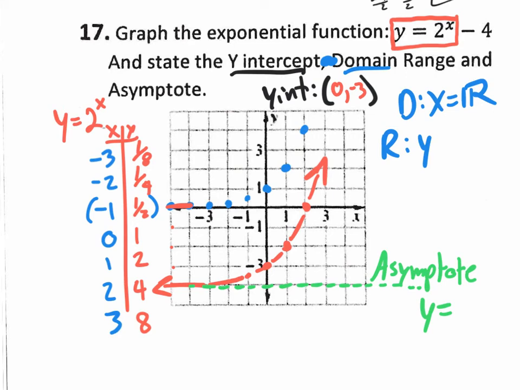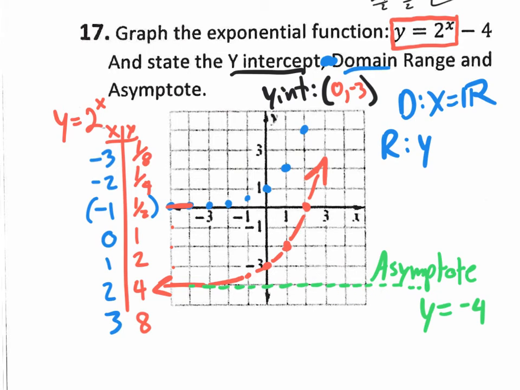And your k is the negative 4. So y equals negative 4 is your asymptote. But anyways, this graph, is it above the y equals negative 4 or below the y equals negative 4? It's above. This whole graph is above this level. It's not below this level. It's above the level of y equals negative 4.